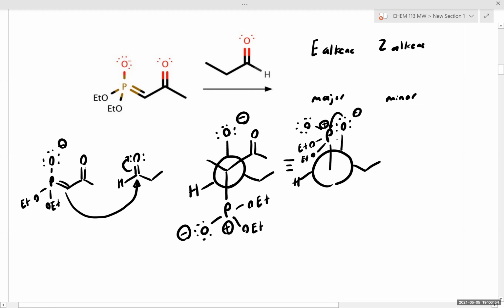When we line up our electrophilic phosphorus atom and our nucleophilic alkoxide ion generated, we see that after rotation, we can see very clearly that our bulkiest substituents are on opposite sides of our alkene in the Newman projection.